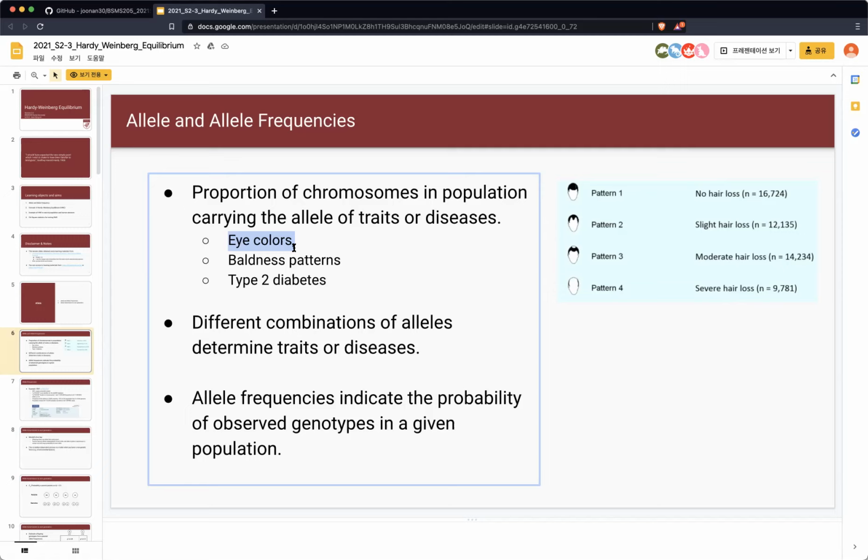And the other one is how we define phenotypes, right? As I mentioned, with eye colors, we can say this is a blue eye or brown eye or black eye, but some eyes could be bluish, some eyes close to brownish. So in this situation we can define the phenotypes a bit differently.